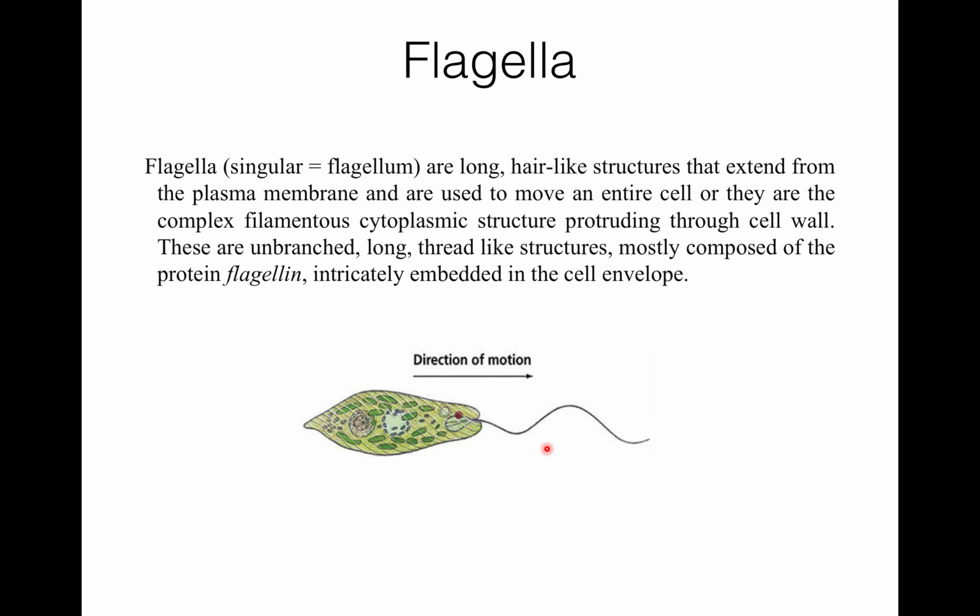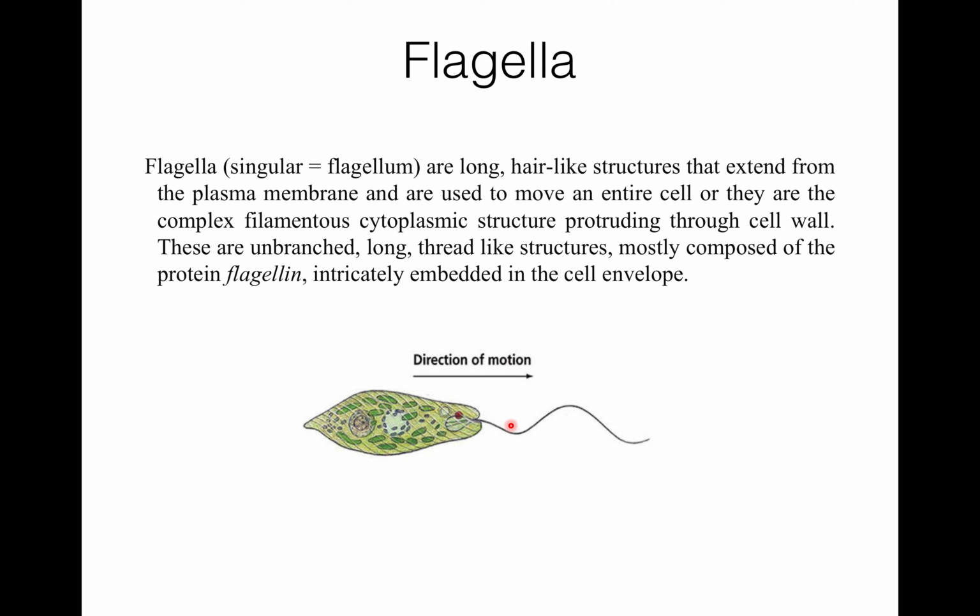Now, flagellar beating. Flagellar beating involves a series of symmetrical undulating waves passing from the base to the tip of the flagellum, and it pushes the organism in the direction opposite to that of the flagellum, or from tip to base, and it helps in pulling the organism.